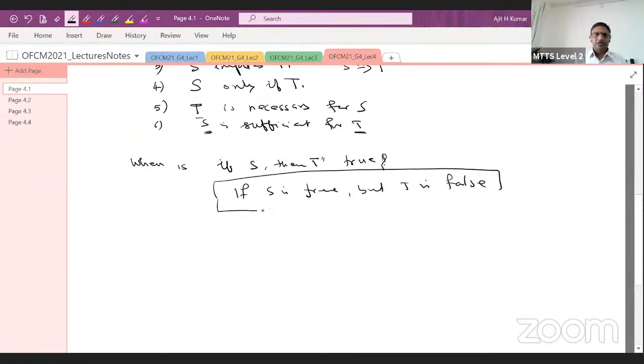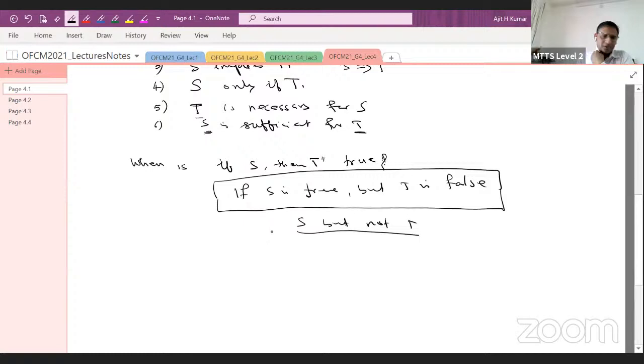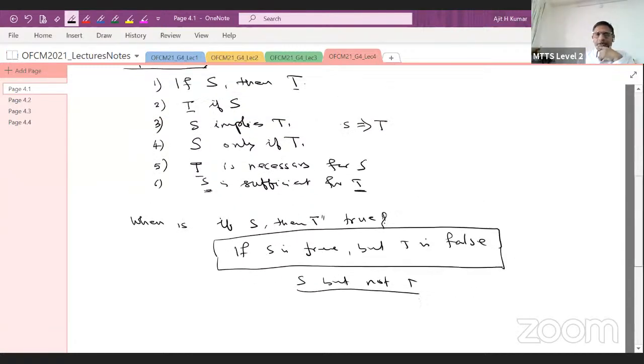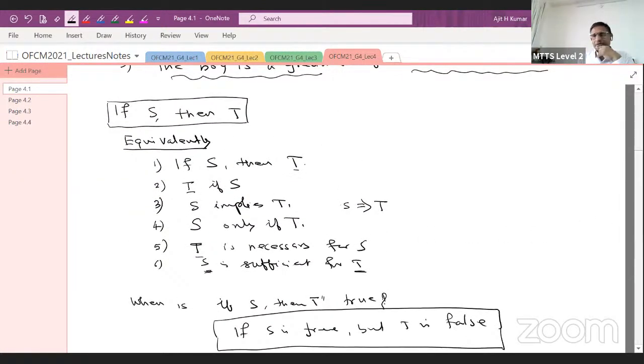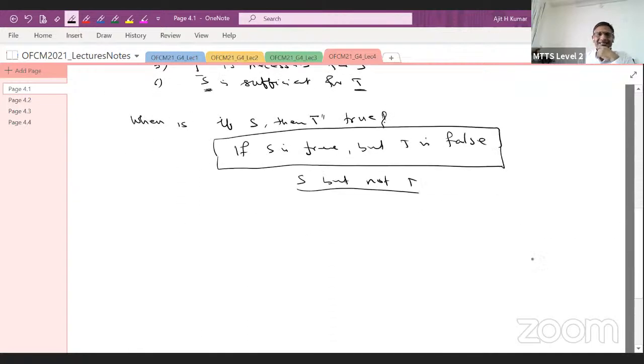If S is true but T is false, or you can say S but not T. This is what we mean here. So if you have to negate this statement, this is how you will negate this kind of statement.